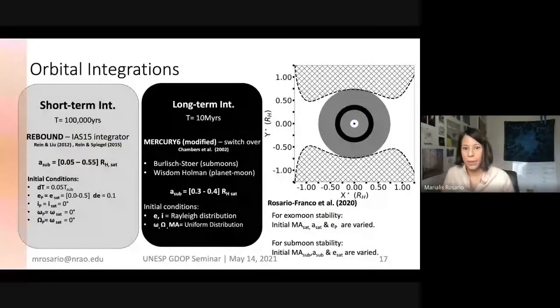Why do we care about varying mean anomaly or having different initial phases?